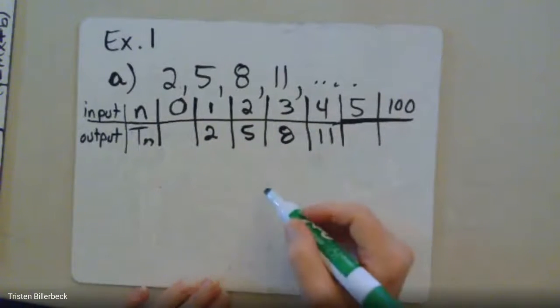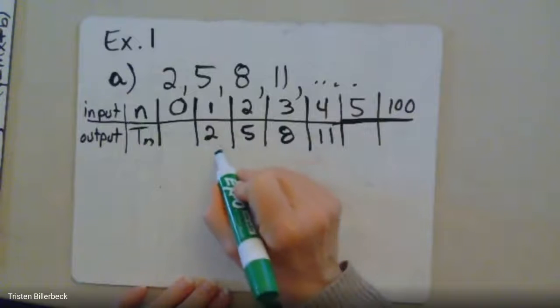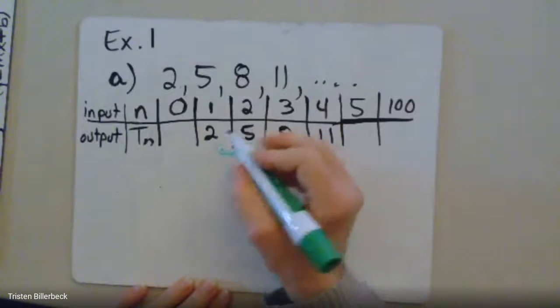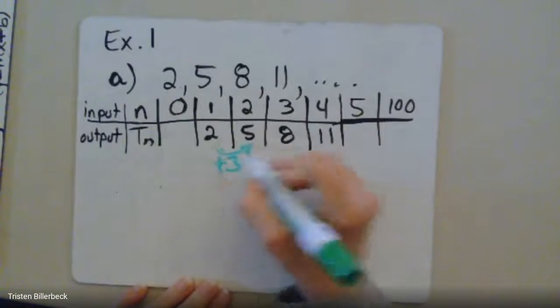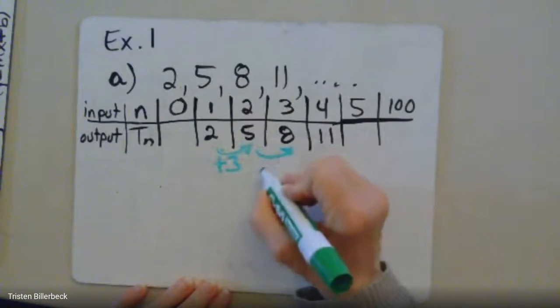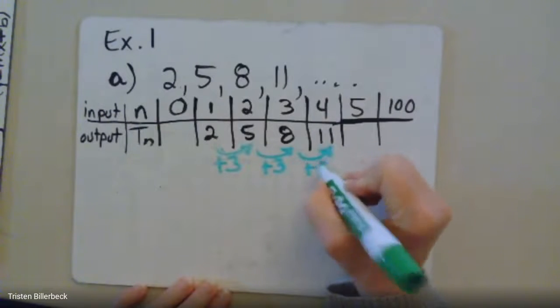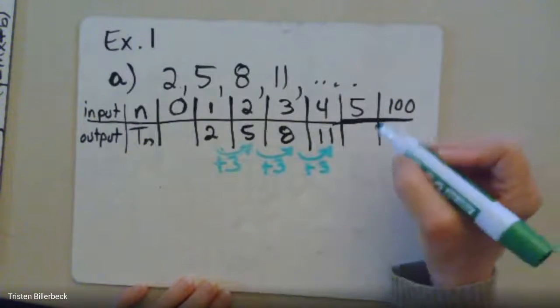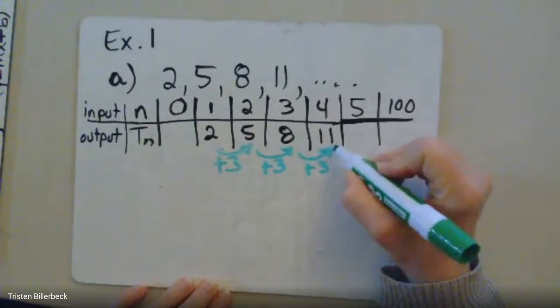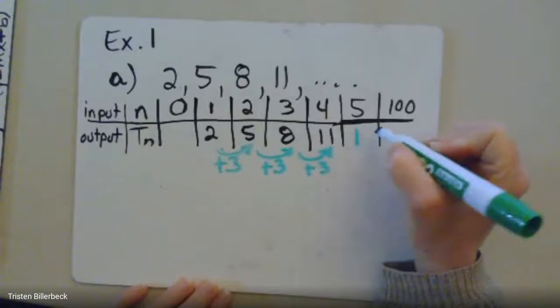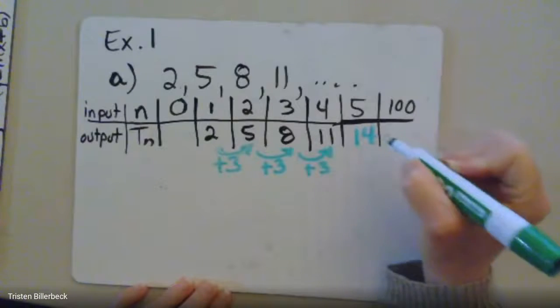So first of all, I need to see how it's changing. So when I look at this, I am adding 3. Okay, so that means that I know what figure 5 would be if I added 3 to this. So it must be 11 plus 3 is 14.